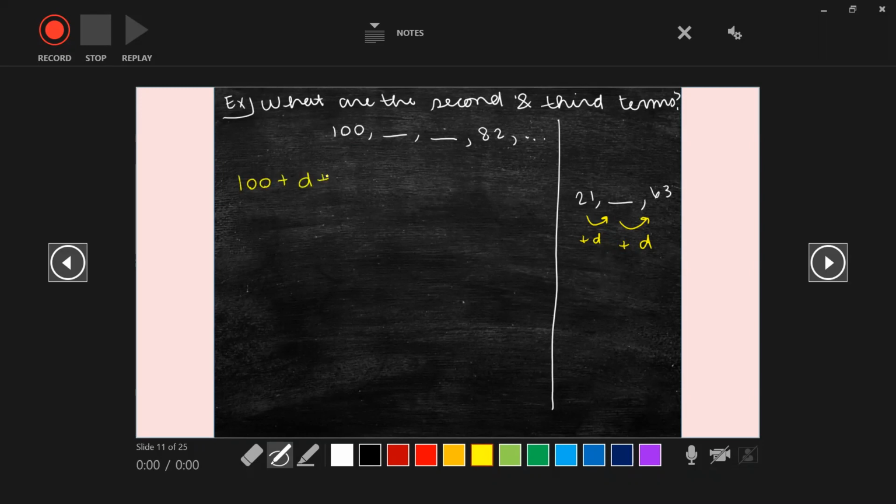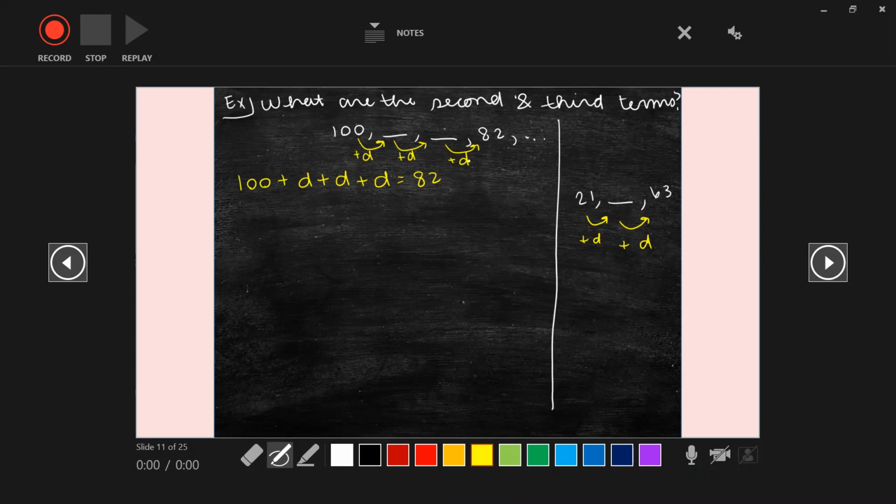So he said 100 plus D, but then he said plus D again is equal to 82. He did that because if we look at that little diagram to the right, we added D, but this time we added it 3 times.